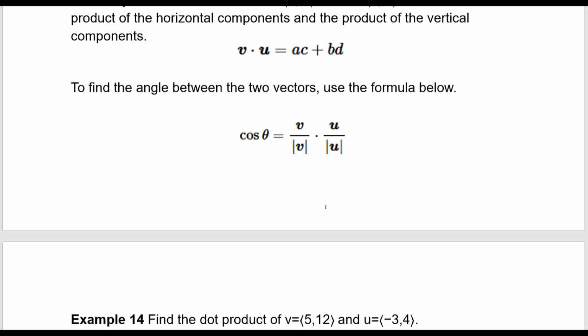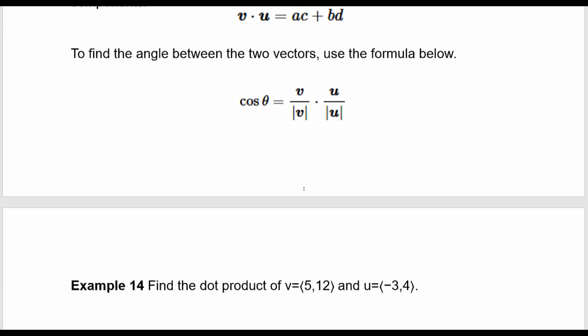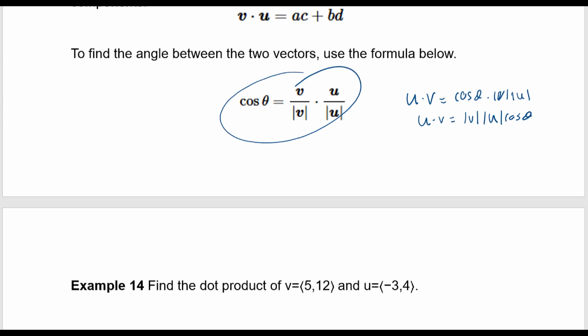The other formula you can get from this is that u dot v is equal to the magnitude of v times the magnitude of u times cosine of theta. This is the one we're going to be using, but there are some other variations of that.